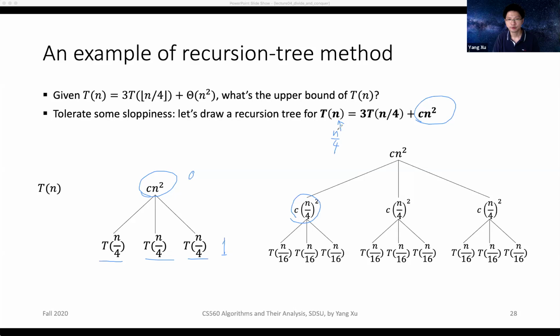If we let n/4 be the n in here, then what's here would be T(n/16), and also there's a 3 here, plus c times (n/4) squared. So we do the substitution, and that means we can obtain the further split. We got T(n/16), which is an even smaller subproblem.